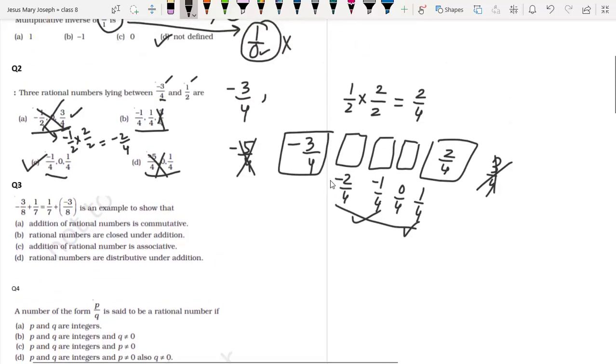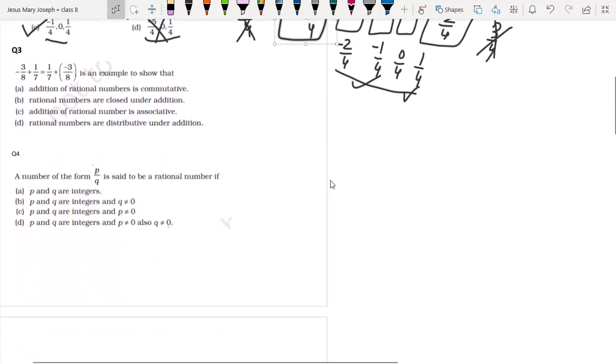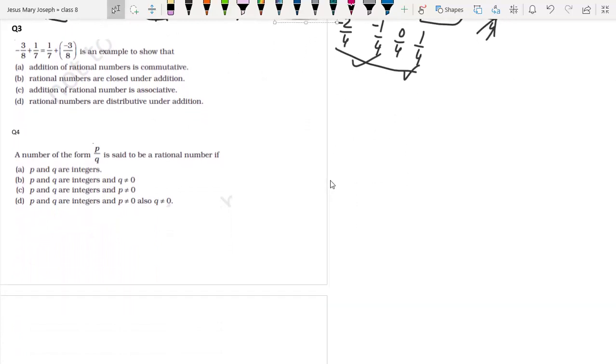Now question number 3. Minus 3 upon 8 plus 1 upon 7 is equal to 1 upon 7 plus minus 3 by 8. Let me write it like this. What we are doing here is the position of the numbers, or the order, is changing.